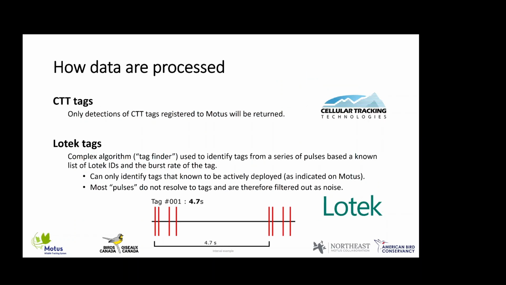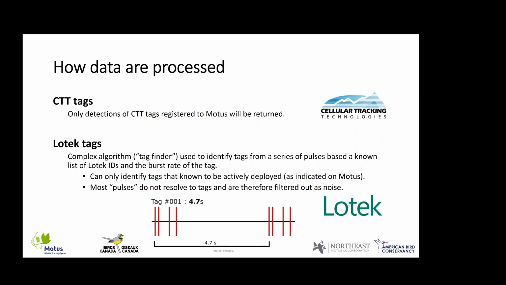Now, in terms of the tag data and how it's processed, as I mentioned, CTT tags are only filtered to remove data from tags that aren't part of Motus. The data itself contains the tag IDs and everything, so nothing really has to change there. It's just removing stuff that isn't relevant.